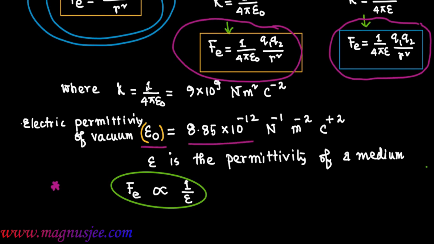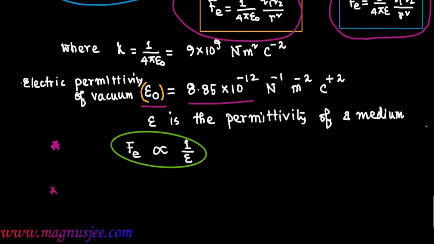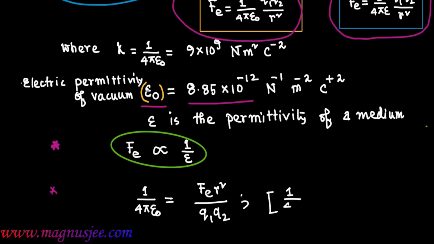The value of epsilon 0 is 8.85 into 10 to the power minus 12 per Newton per meter square Coulomb to the power plus 2. Now 1 by 4 pi epsilon 0 is Fe r square divided by Q1 Q2, so its unit is Newton meter square per Coulomb into Coulomb.